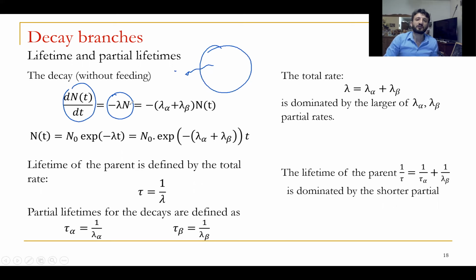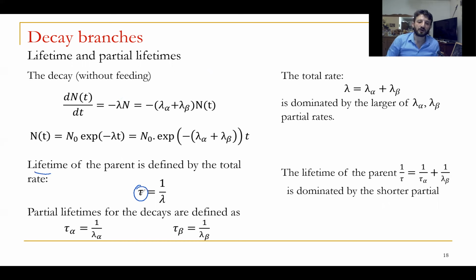N is the total unstable element, of all the nuclei of the parent element. You know lambda equals lambda alpha plus lambda beta, and you can substitute and simplify the expression. We get here N equals N0 exponential minus lambda t.